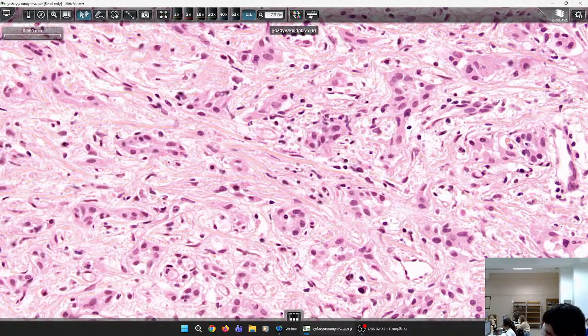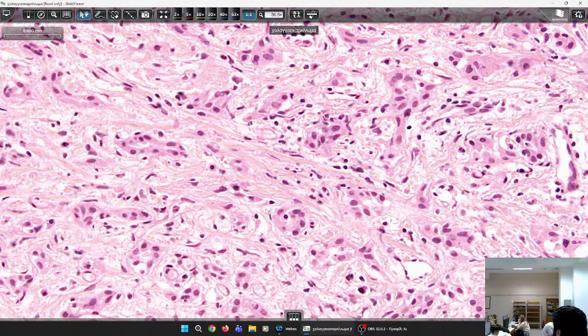I see. And from the clinical point of view, what's the significance in differentiating these two subtypes? The large duct types have a worse prognosis.